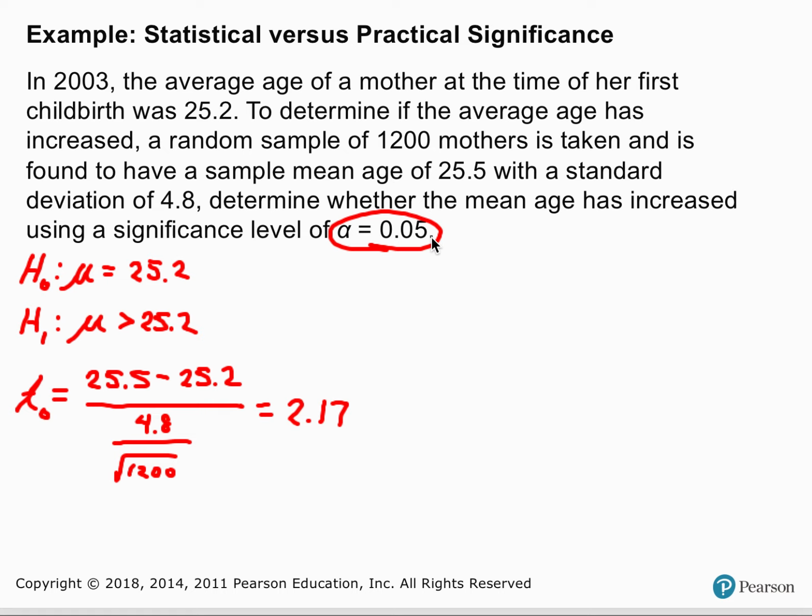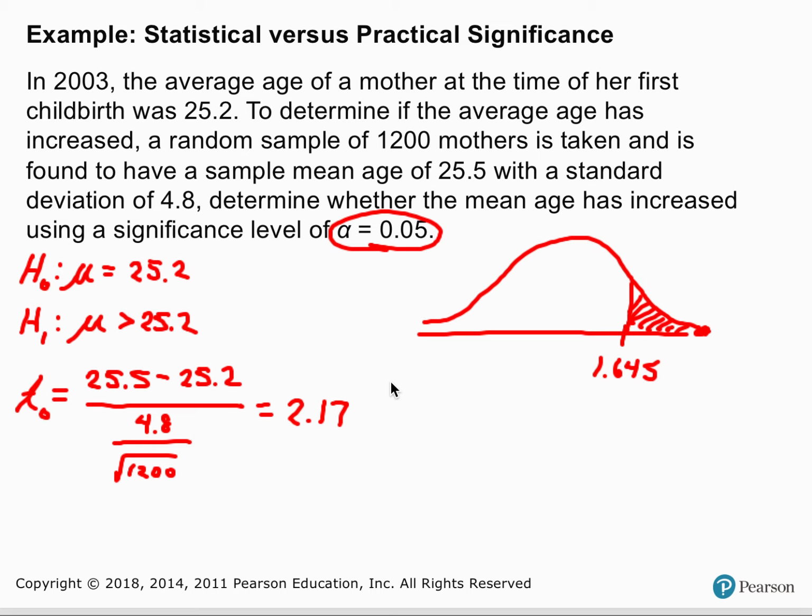So I'm going across there to try to find 0.05, and I find 1.645. I don't have to double it this time. 2.17 is over here. Because this test statistic is more than the critical value, we're going to reject the null hypothesis.